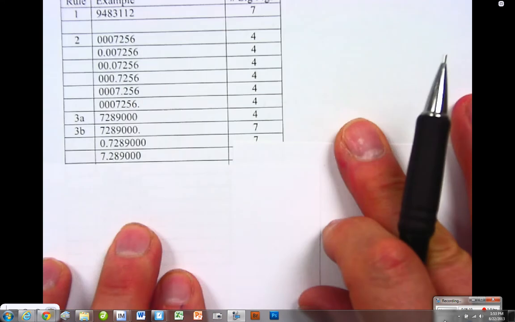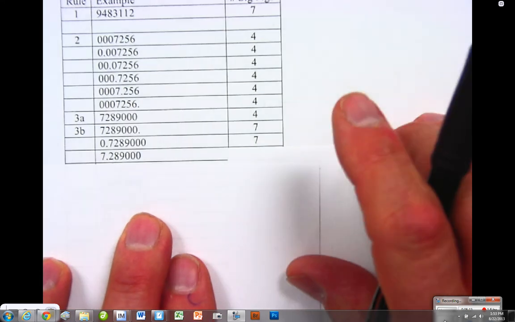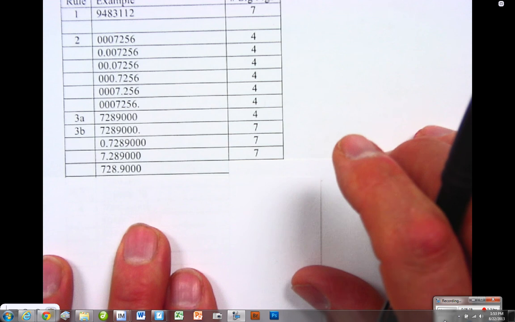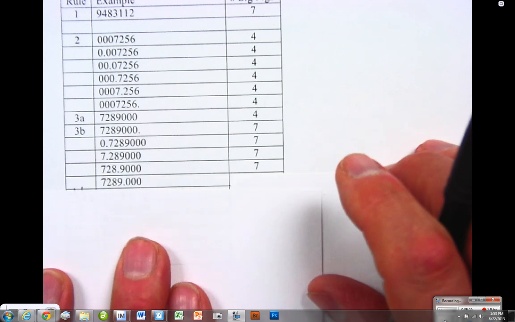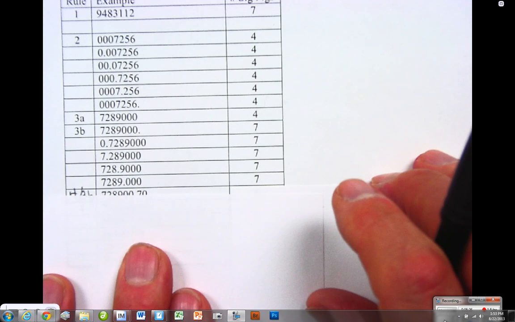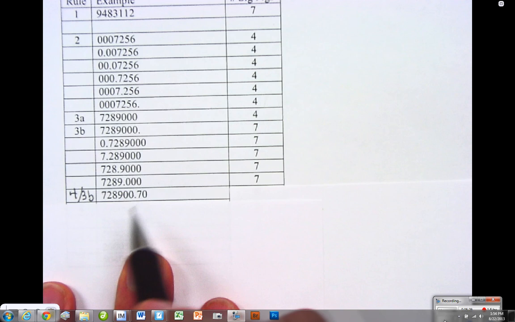So the trailing zeros are definitely going to count here because there's a decimal. Okay, so that's 7. Do these trailing zeros count? Absolutely. 7 again. Do these trailing zeros count? Absolutely, they do. What about this? Oh, zeros in the middle. Do they count? No.